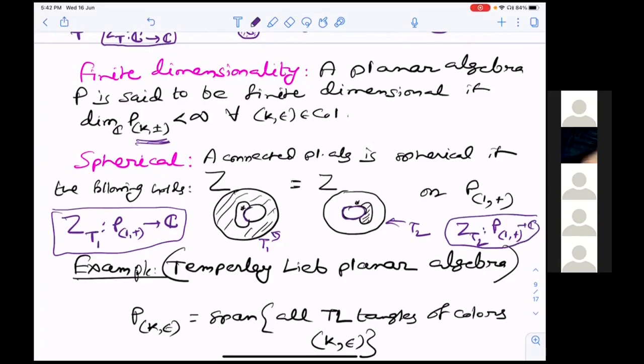That means imagine this plane on the floor where you are sitting, and you drag this string towards the sphere and bring it to the right-hand side. Then this will not matter. This will be the same. This is why it's spherical.